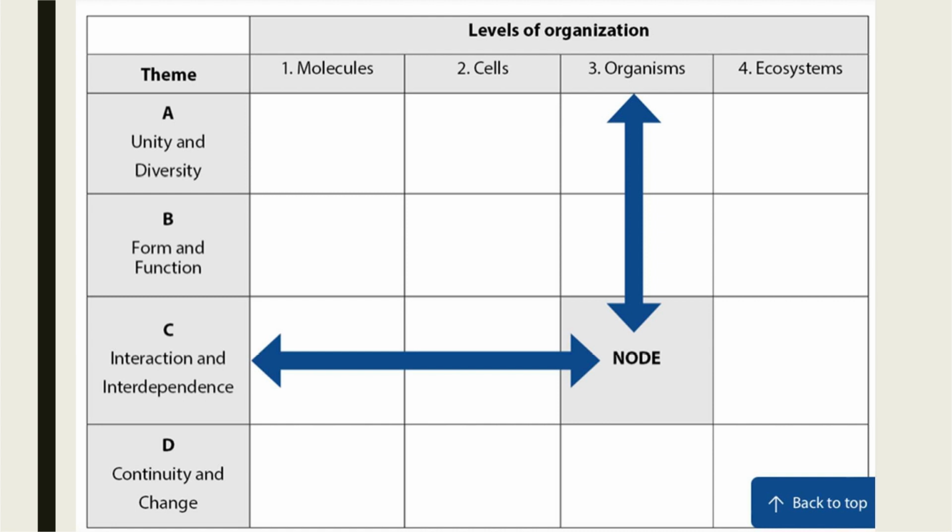They're all together with the levels of organization: molecules, cells, organisms, and ecosystems. So we're going to learn each theme in four levels of organization. And you see here the node. This node indicates the appropriate level of organization that illustrates a possible link through which learning and teaching of the topic can take place.